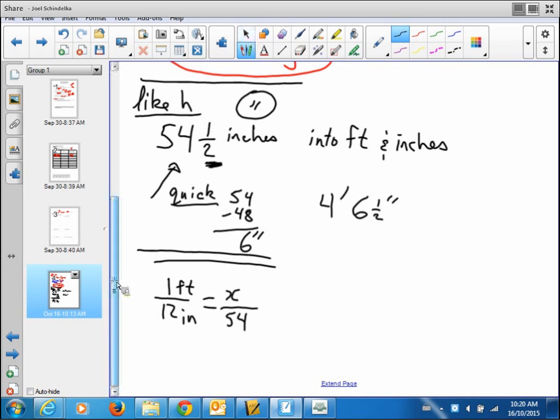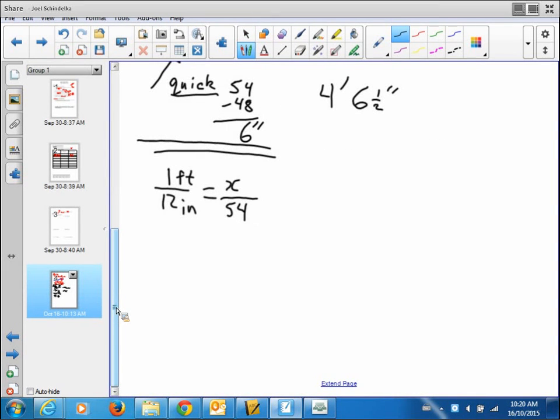But when we do that, you cross multiply. 54 times 1, divide by 12. Now I know the answer ahead of time because we've done this, but you get 4.5 feet. When you give things in feet and inches, like a height, 4'6" or whatever, you can't have decimals on the feet. All the decimals get converted back to inches.